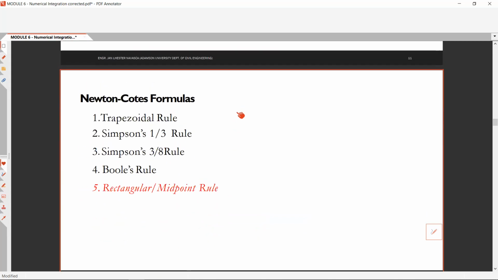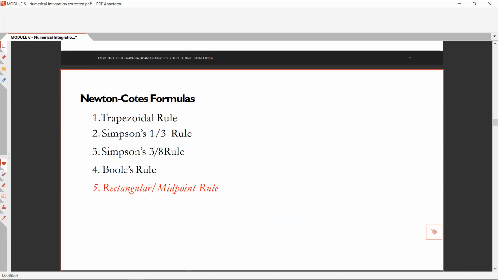We have five common Newton-Cotes formulas: the trapezoidal rule, the Simpson's 1/3 rule, the Simpson's 3/8 rule, the Boole's rule, and the rectangular or midpoint rule.